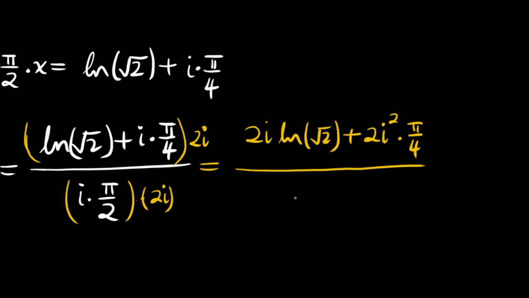No, 2's cancel. We have i squared times pi, which is -1. i squared is -1. So here we will have -1. 2 and 4 will cancel. We will have 2. This is again -1.